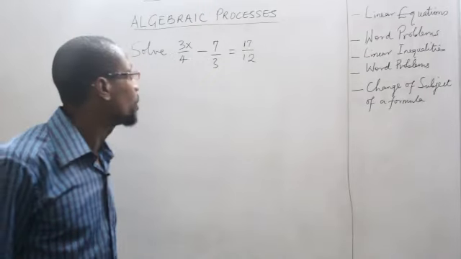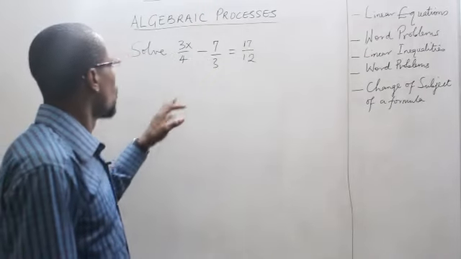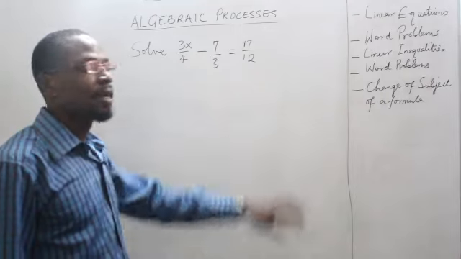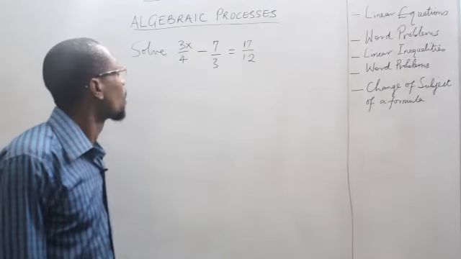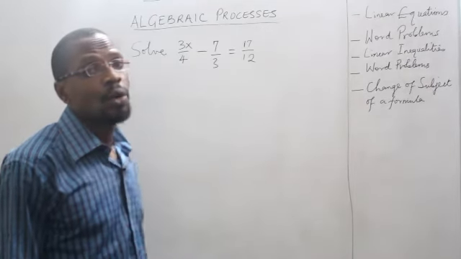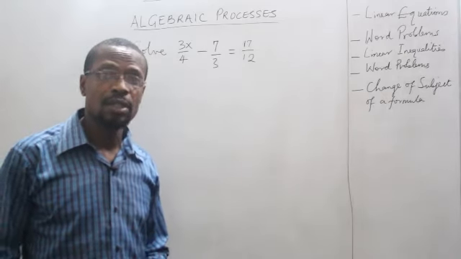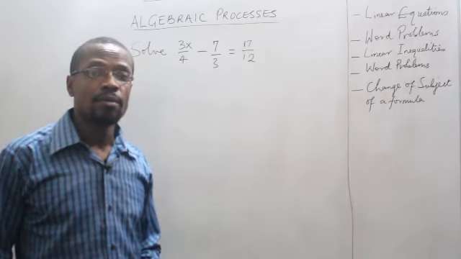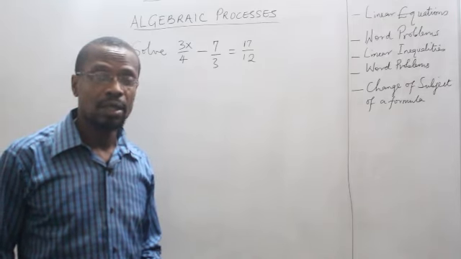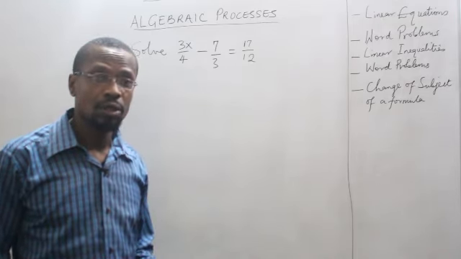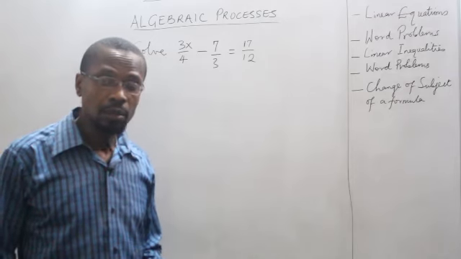Now we have a question before us. We are to simplify this equation. Now, to help you a little bit, there are several ways we could resolve a mathematical equation or a problem.